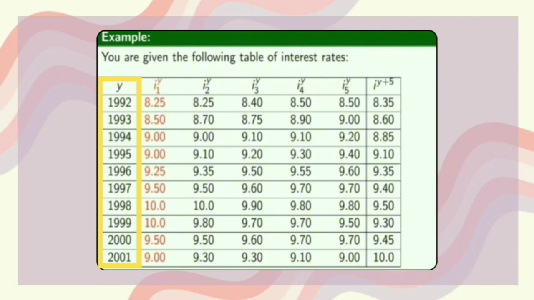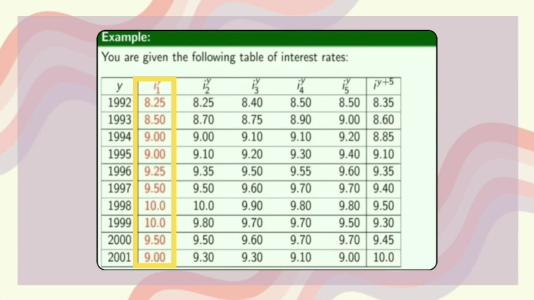And the next ones are I1Y, I2Y, I3Y until I5Y. These are the investment year rates. And then we have the values and they are in percentage. The percent sign is not shown here, but it is 8.25%, 8.50%, 9%, and so on.